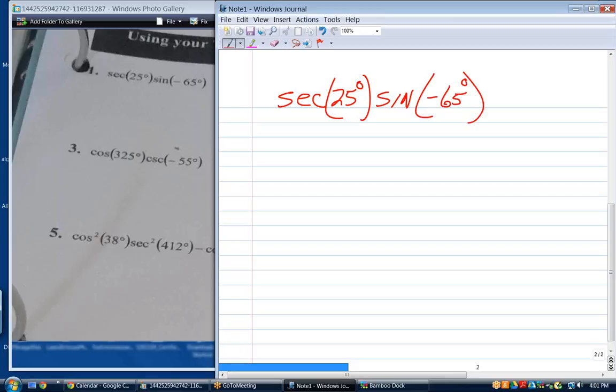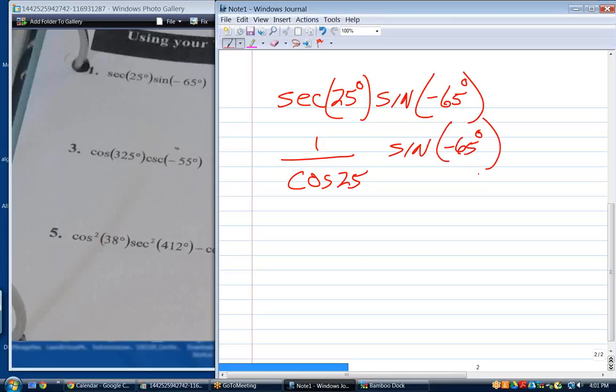It's another way to write secant. Isn't it cosine? Okay, so this now becomes 1 over cosine of 25 degrees times the sine of 65 degrees minus 65 degrees.